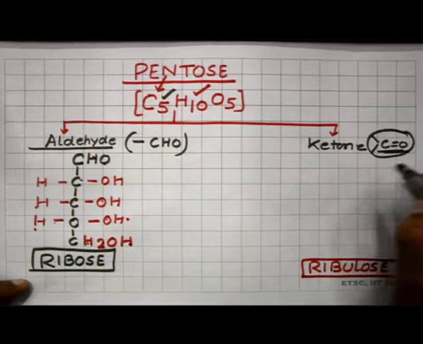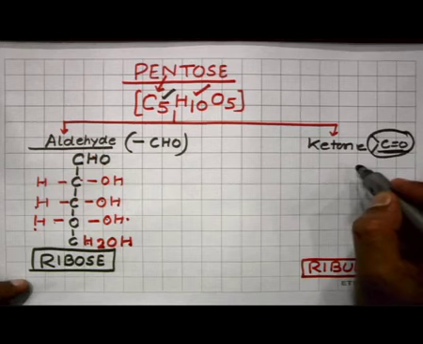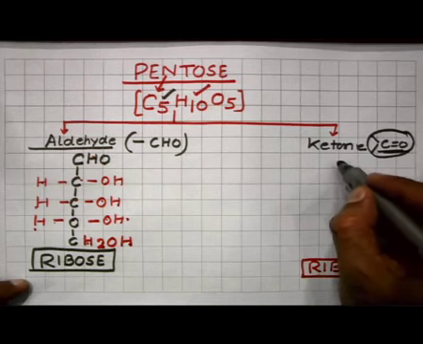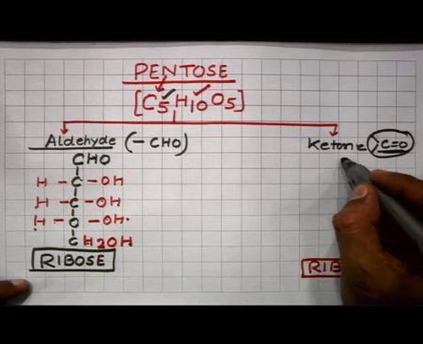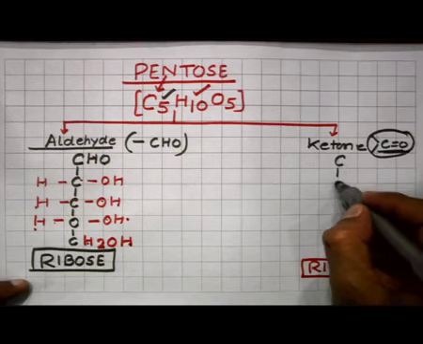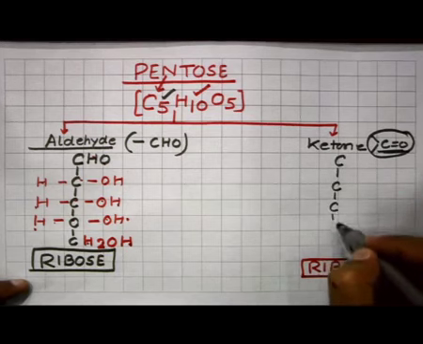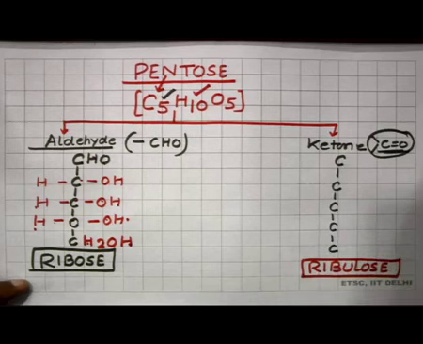Now, the structure of ribulose contains 5 carbons, so you can easily write 1, 2, 3, 4, 5.